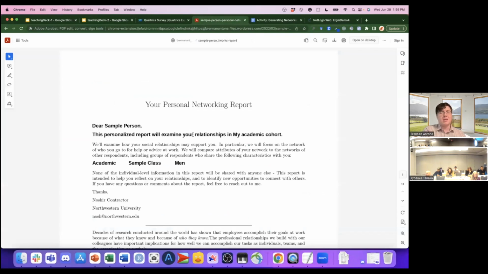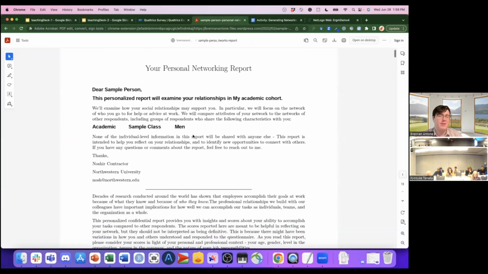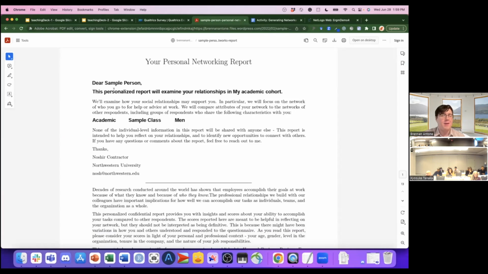So let's look at the sample personal network report. It would be customized with details on a network you describe. In this case, it's just going to say sample person. The report benchmarks properties of your network versus the average properties of other reference groups.